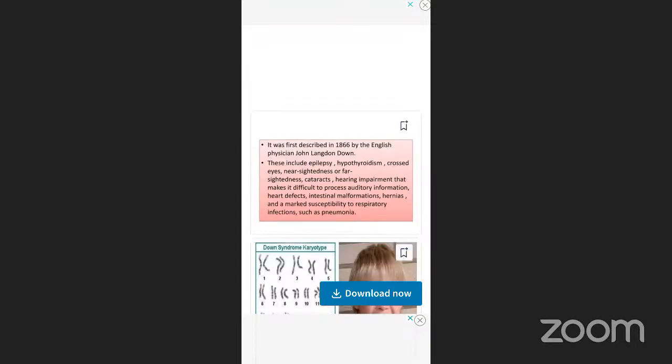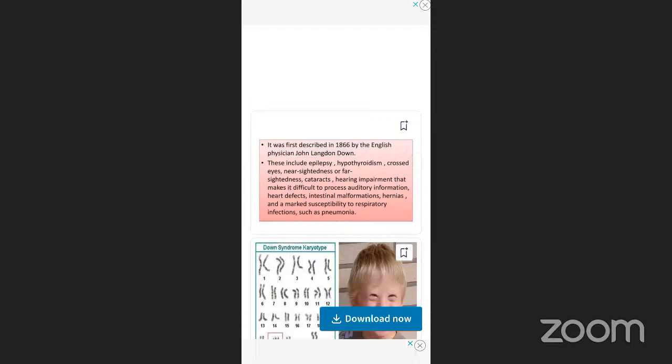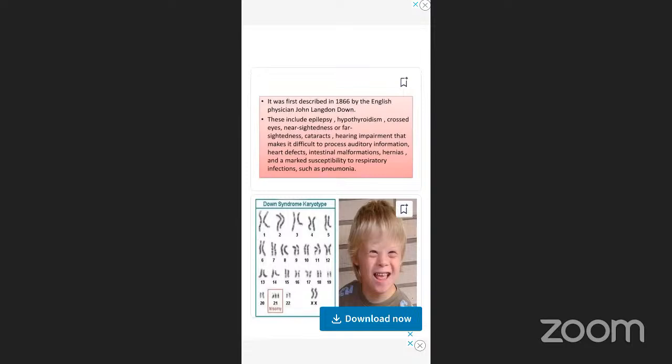Next, Down syndrome was first described by the physician John Langdon Down. Symptoms include epilepsy, hypothyroidism, crossed eyes, nearsightedness or farsightedness, cataracts, hearing impairment that makes processing auditory information difficult, heart defects, intestinal malformations, hernias, and marked susceptibility to respiratory infections such as pneumonia.